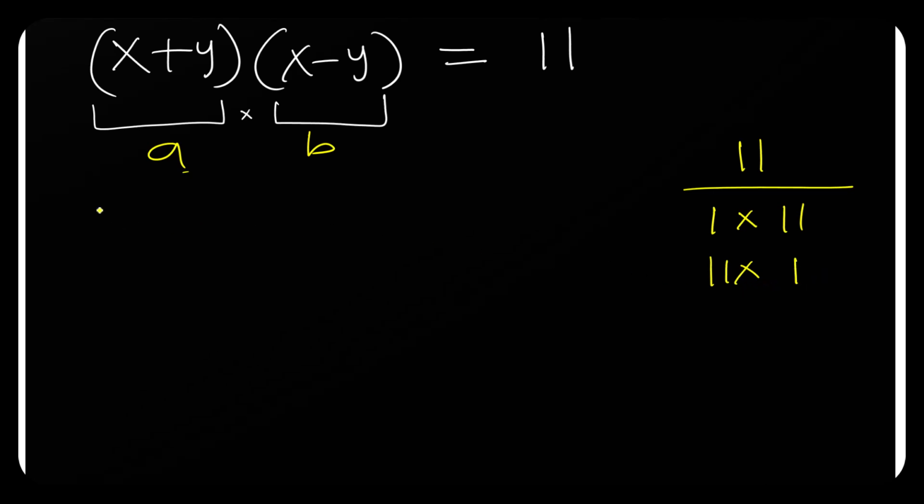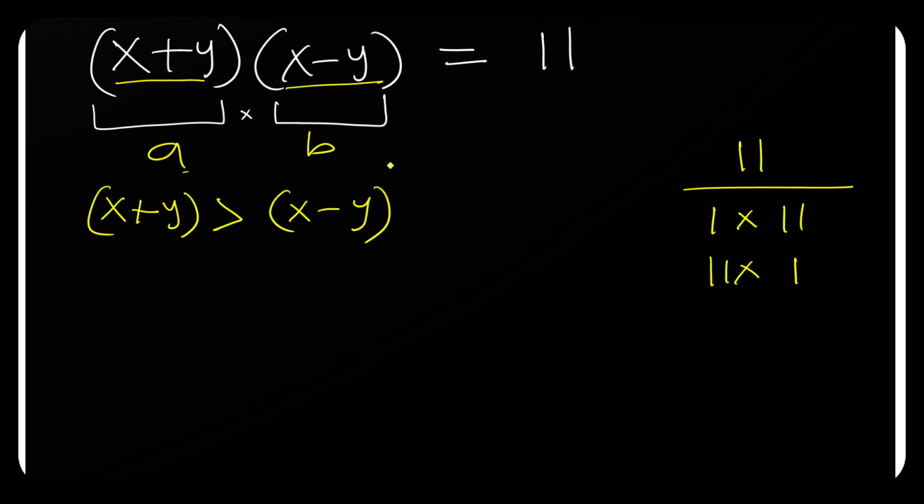So let's observe this. Now, x plus y and x minus y. x plus y should be more than x minus y. Why? Because this side is positive and this side is negative.